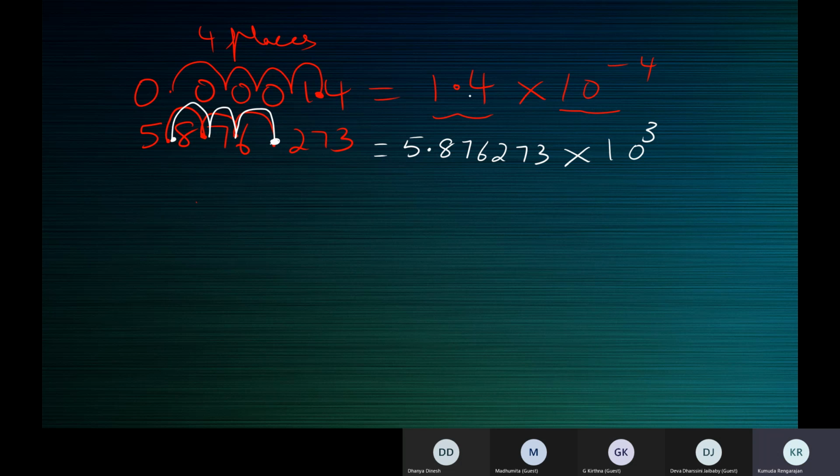If you increase the value, the power of 10 will be negative. If you decrease the value, the power of 10 will be positive.